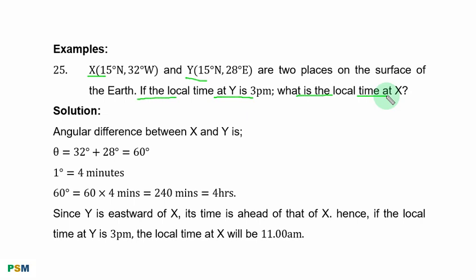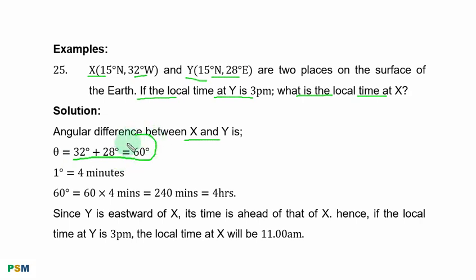Solution: to get the local time at S, we need the time difference between the two places. So we need the angular difference between S and Y and convert it to hours. The two places are on opposite sides of the prime meridian. Their angular difference is through addition.